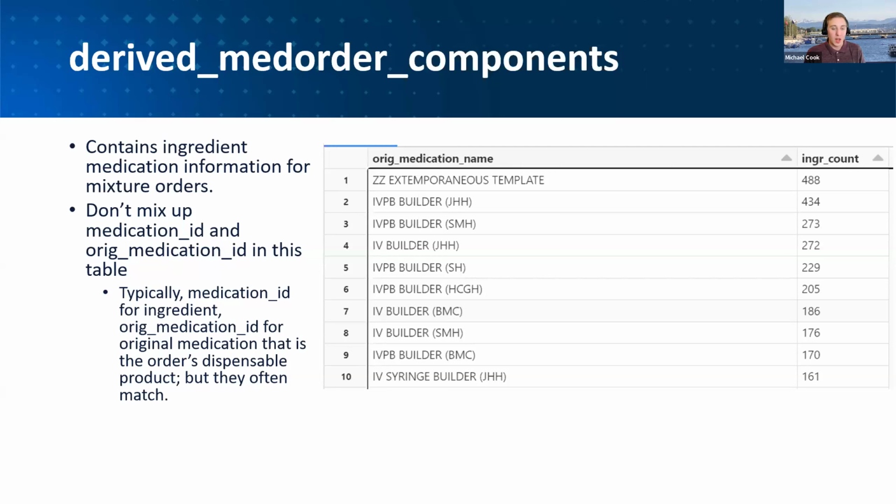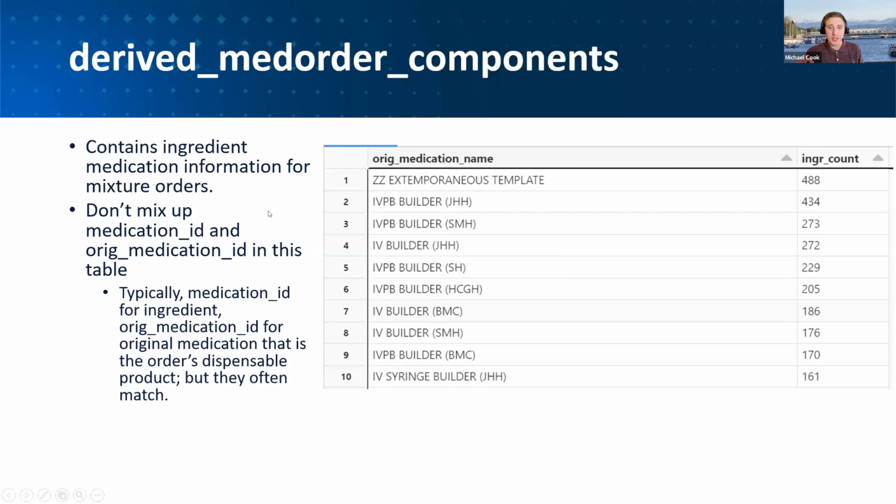Typically, the medication ID column refers to the ingredient, whereas the original medication ID column refers to the dispensable product, the overall mixture, you could say. I did check, and a lot of times they end up being the exact same value in both columns anyway, but it is something to keep in mind.